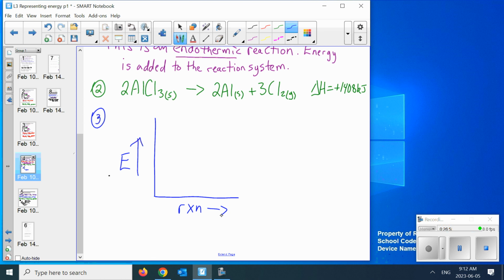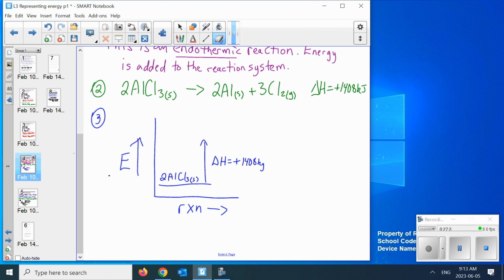You start low in energy, and it's 2AlCl3. Let's say it has this low energy. I don't have a scale, so it's not exact. It goes up in energy. I'm going to write down how much energy, and it goes up. Produces aluminum and chlorine.